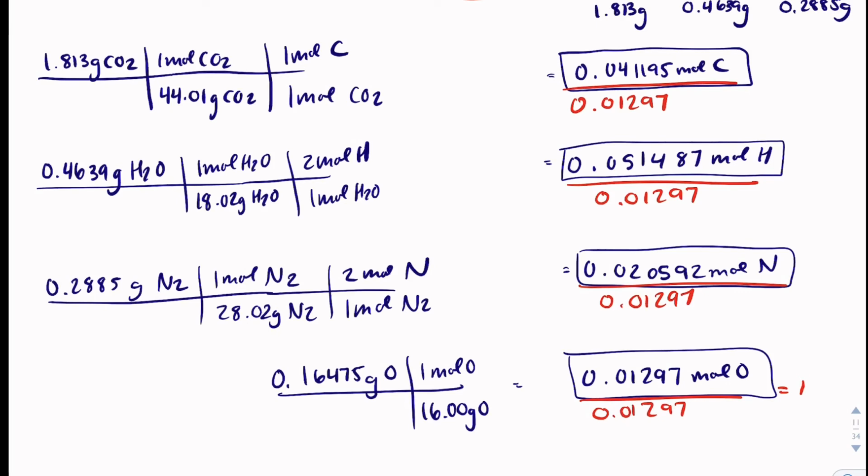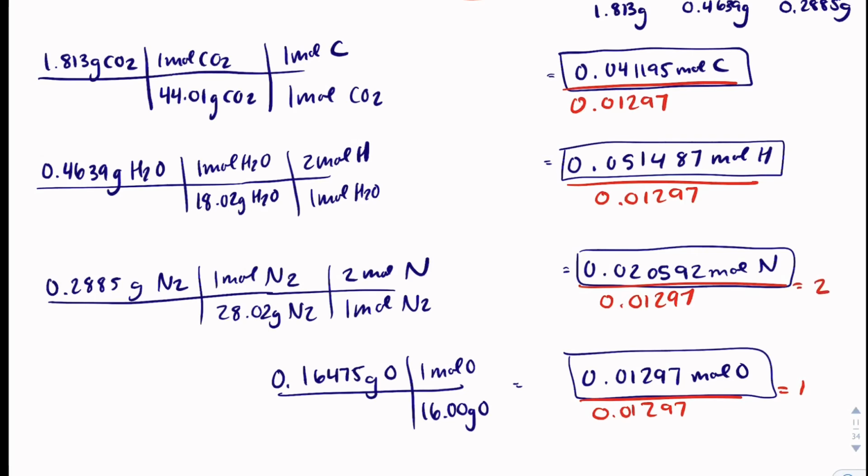Let me check one thing. 0.020592 divided by 0.01297. I should be getting 2 here.